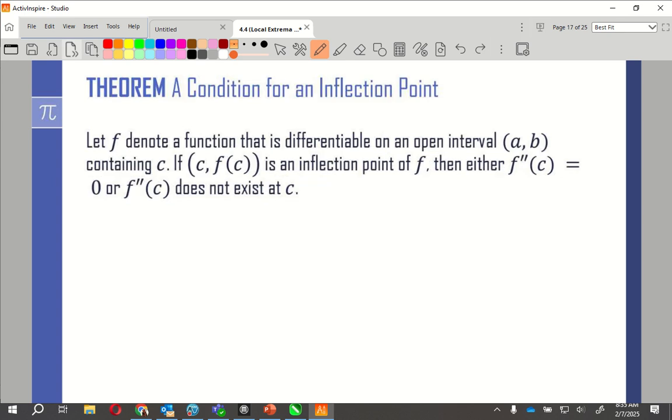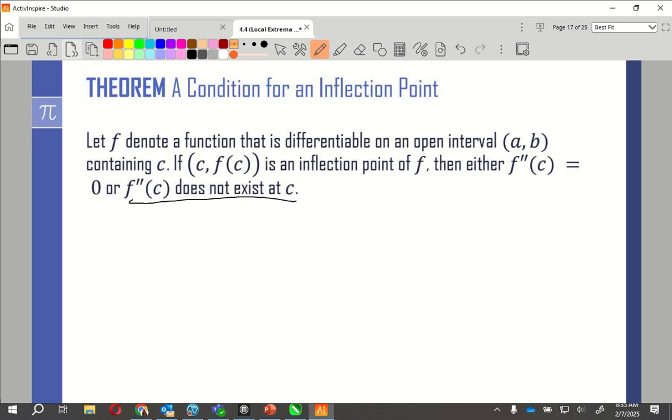Alright. Let f denote a function that is differentiable on the open interval a to b containing c. If c, f of c is the inflection point of f, then f double prime of c equals 0, or f double prime does not exist. Now, why did I use that?